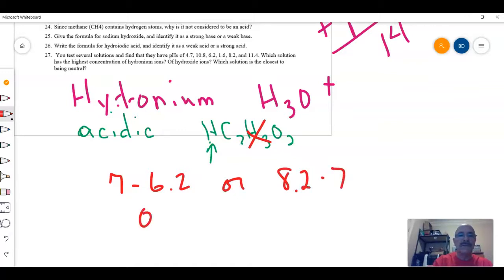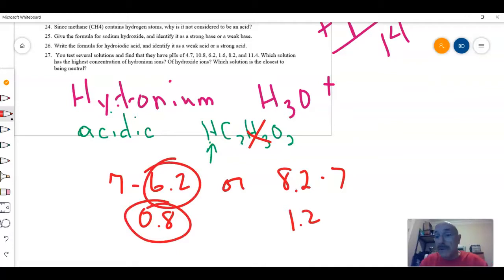This is a difference of 0.8. This is a difference of 1.2. So it looks like 6.2 is the one that's closest to neutral. You gotta do the math, just subtract them from 7 and see which one has the smallest absolute value. Okay, so that is that review sheet there.